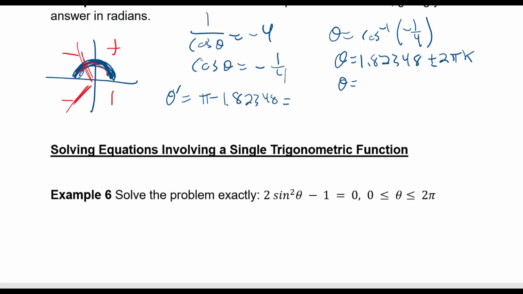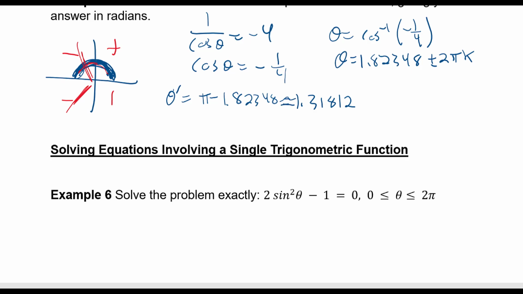So theta equals 1.31812 plus, no, that's not it. Hang on, don't do it yet. That's just the reference angle, and that's an approximation.